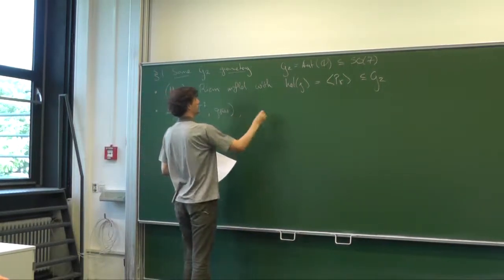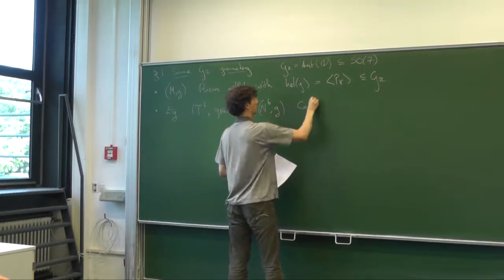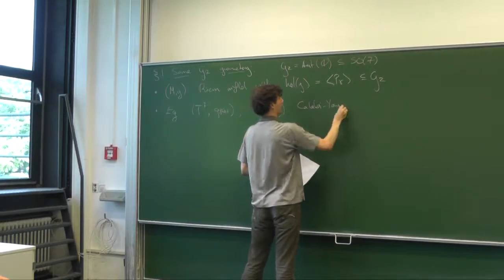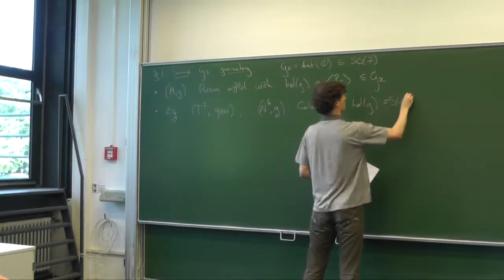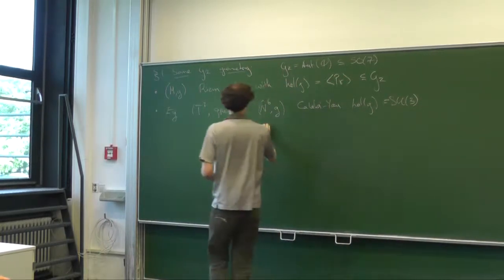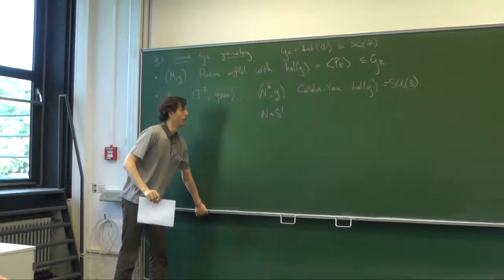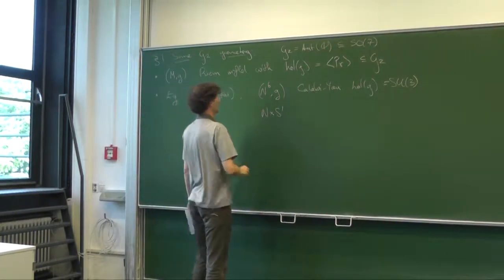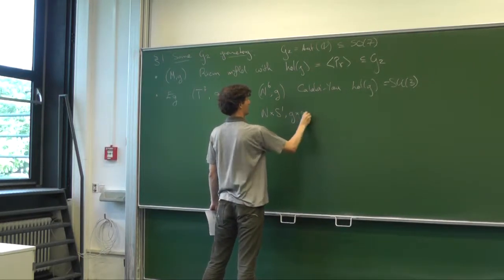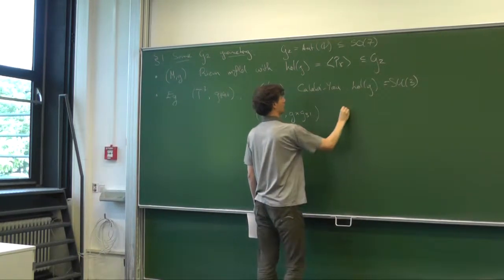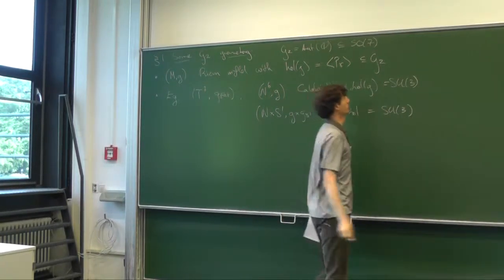Or maybe you would take a Calabi-Yau, in which case the holonomy would be SU(3), and then you would take N cross S1, with a flat metric on S1, and here the holonomy is also SU(3).